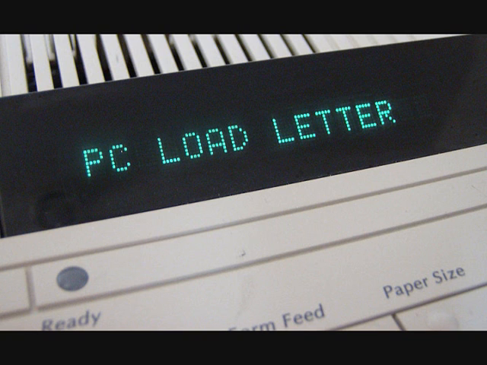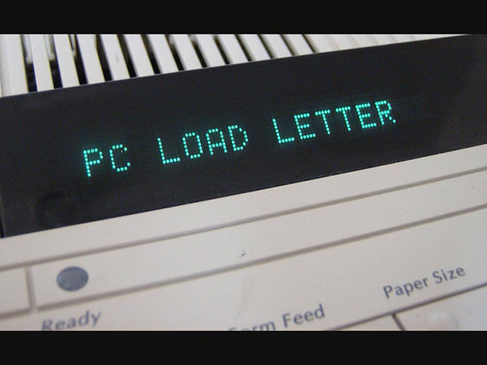Continuing on with printers, on the older HP LaserJet printers, if the unit ever ran out of paper, it would display a "PC LOAD LETTER" error on its LED display. What this basically meant is PC was print cartridge, which is referring to the paper tray, and load means obviously to load paper, and letter is the size of the paper, so it wants you to load letter-size paper in the print cartridge.